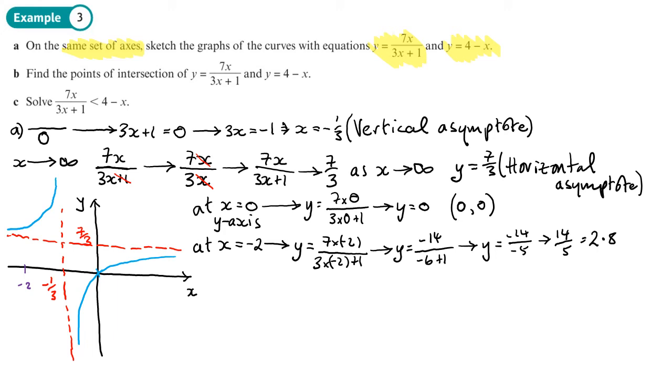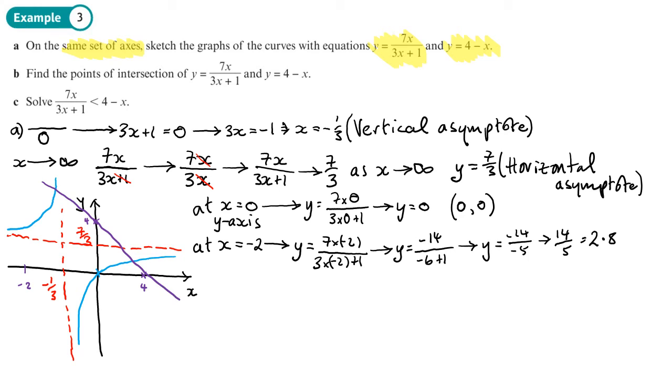Now I need to draw a sketch of the line y equals 4 minus x, nice and easy. So this is going to cross, let's make y equal to 0, that means x must equal 4. And then if I make x equal to 0, that means y equals 4. So I've got a straight line, something like that.